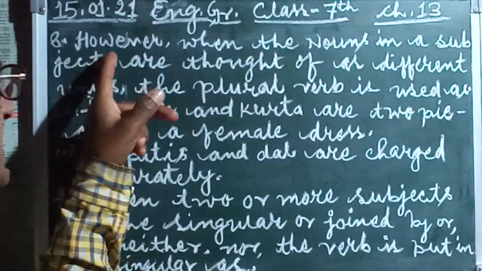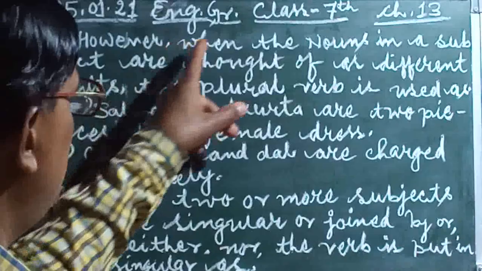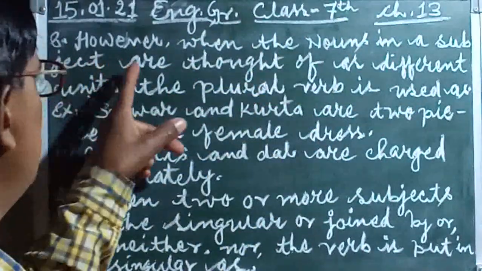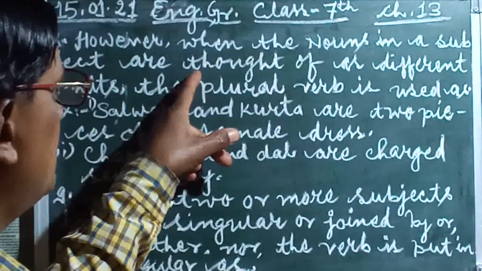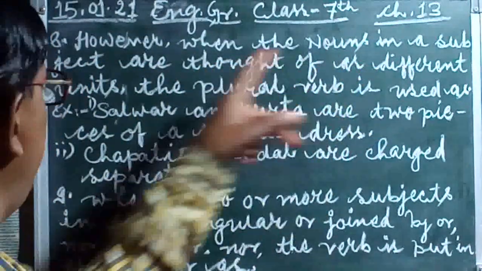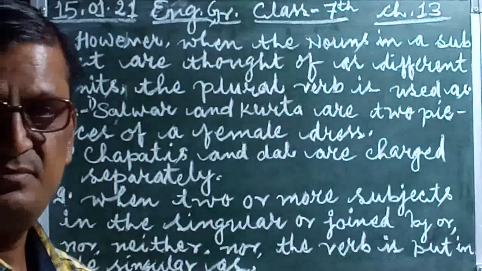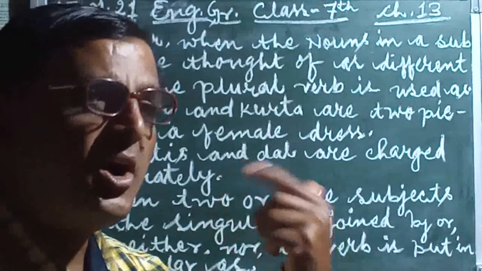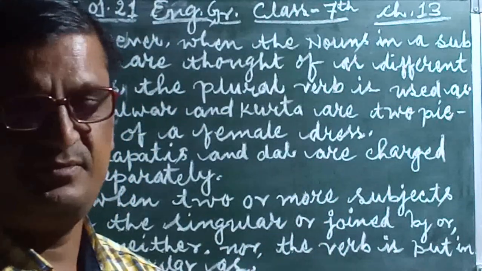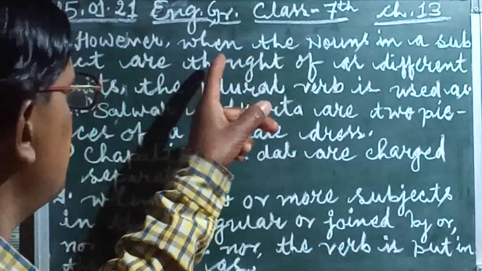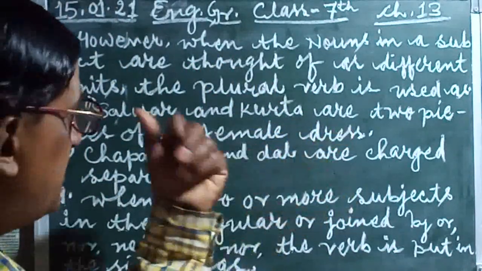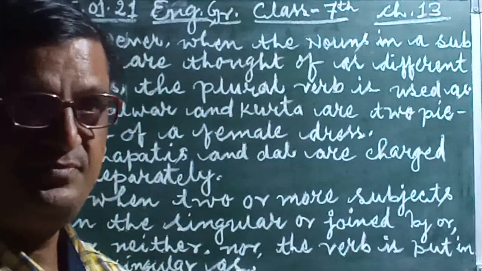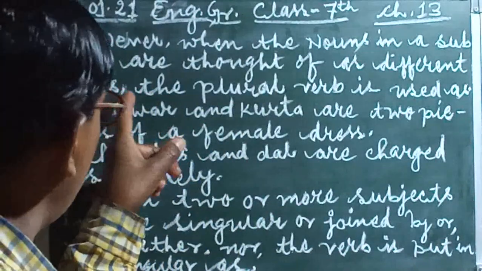However, as you can see, when the nouns in a subject are thought of as different units, means of different types, and the sense coming out is different, and these are used in the place of a subject, what do we write?